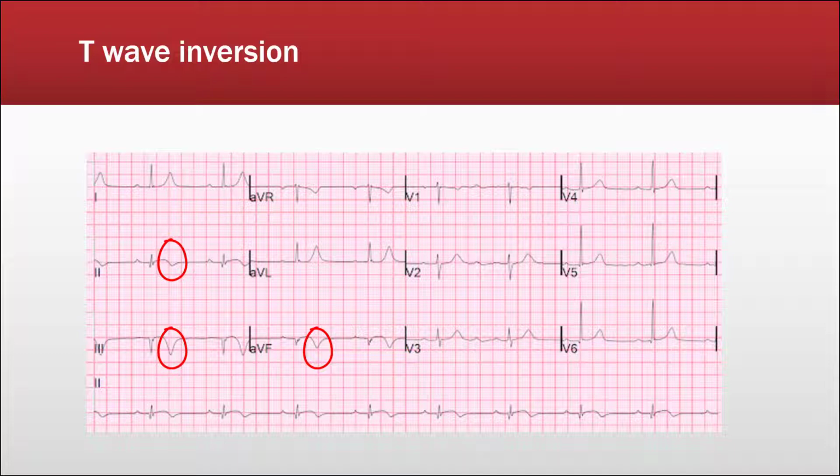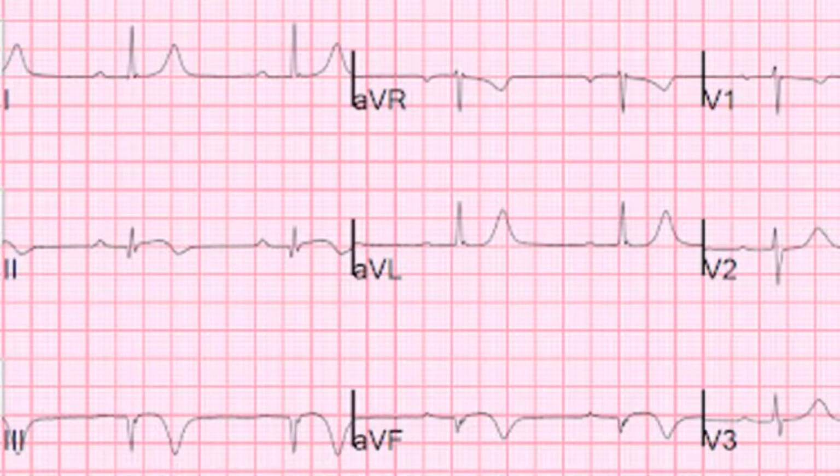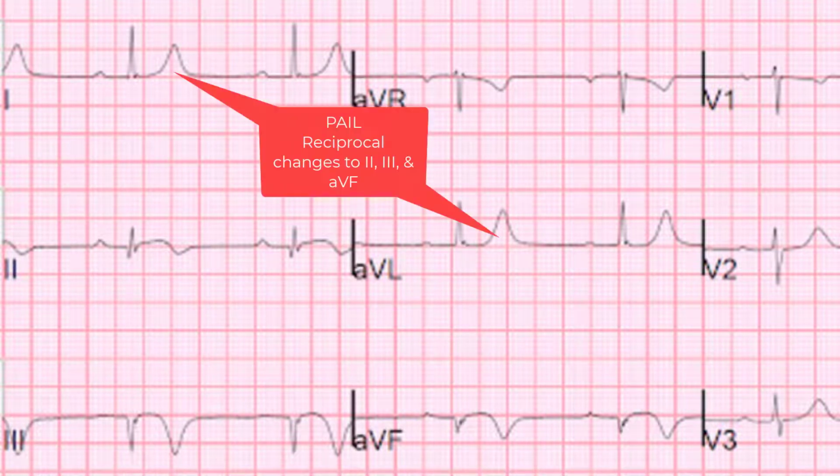So we would note these as quite a worrying finding. You might also notice that there appear to be hyperacute T waves in lead 1 and in aVL, but the ST segment hasn't been affected. These are likely to be reciprocal changes to the inferior MI by these deeply inverted T waves.